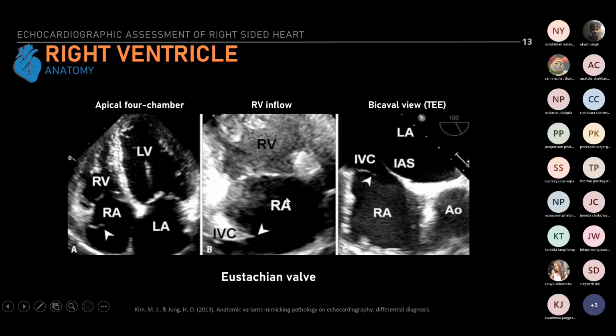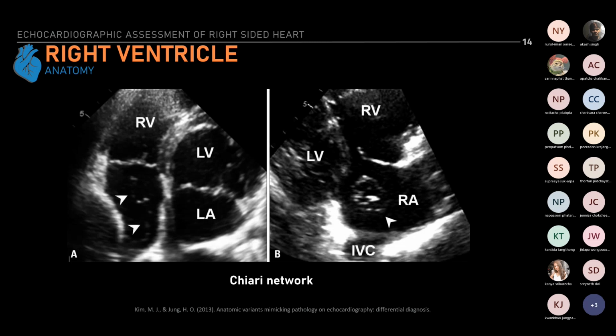This echocardiogram shows the Eustachian valve at the junction of IVC and right atrium, indicated by the arrowhead. And this demonstrates a Chiari network, which is a variant of the Eustachian valve, but it's quite thin and perforated and appears as a floating structure in the right atrium.